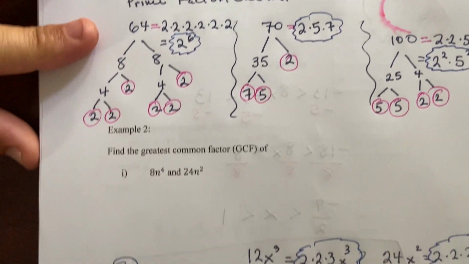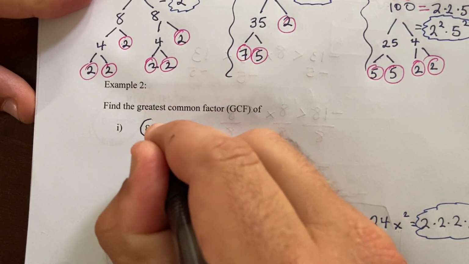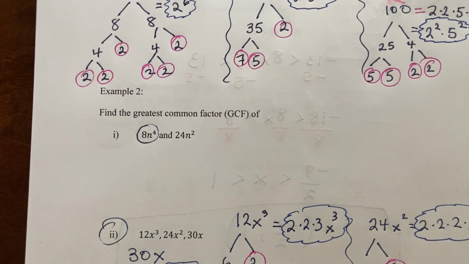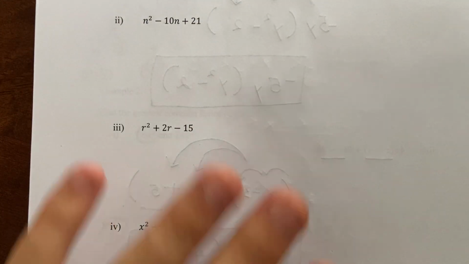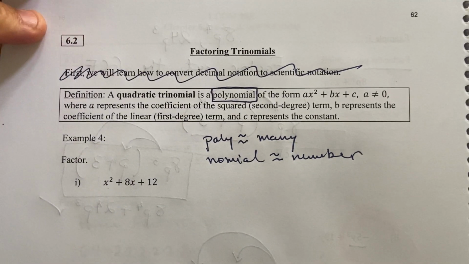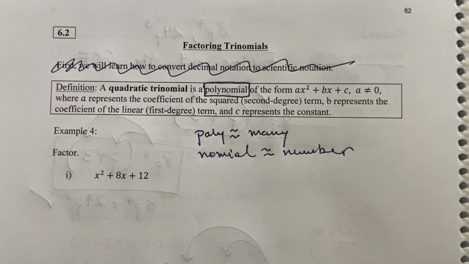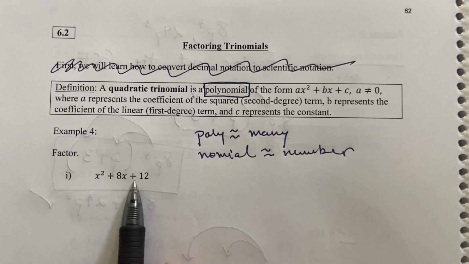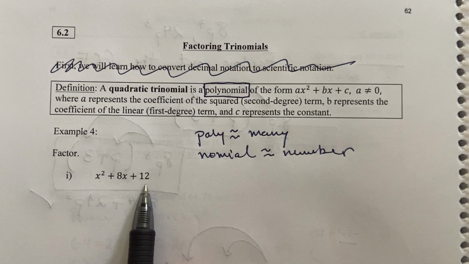This right here is a monomial, right? 1 number. So we're going to work on trinomials. This is going to be largely what we are concerned with. So we're trying to factor this thing, this whole thing.